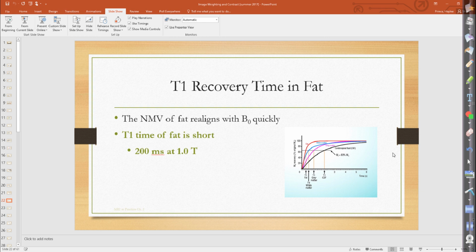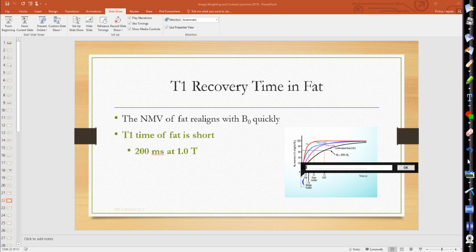So the T1 time of fat at 1 Tesla is 200 milliseconds. If this was a 1 Tesla magnet, you basically go up to 63%, because remember, that's when it's considered fully recovered, and then you measure it down here. That's the T1 value of fat, and that would correspond with 200 milliseconds down here. So 200 milliseconds, I would put right under T1 of fat.